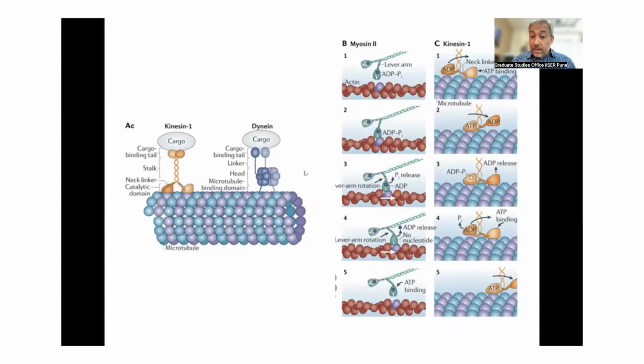So you can see how energy becomes an important rate limiting step, and a lot of this evolution is likely to have happened because of the availability of energy in these systems. Along with kinesin, we have dynein, which walks in the other direction.